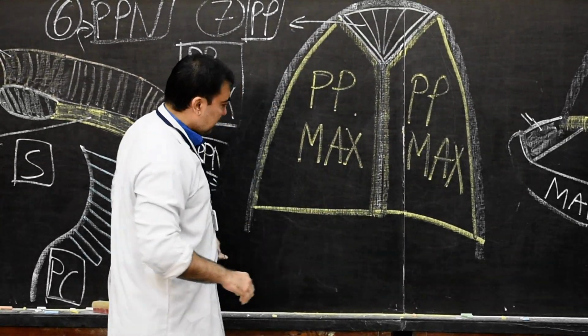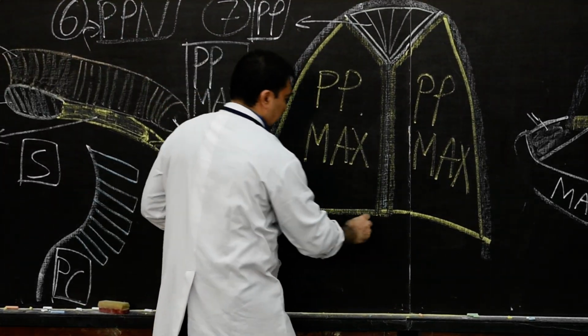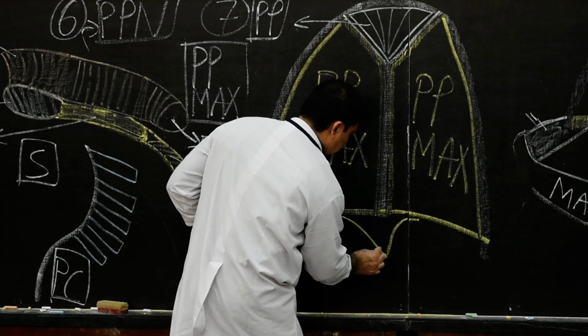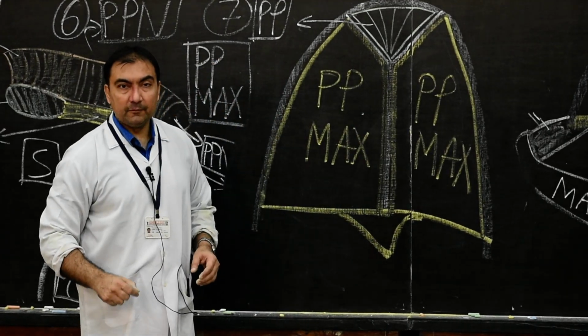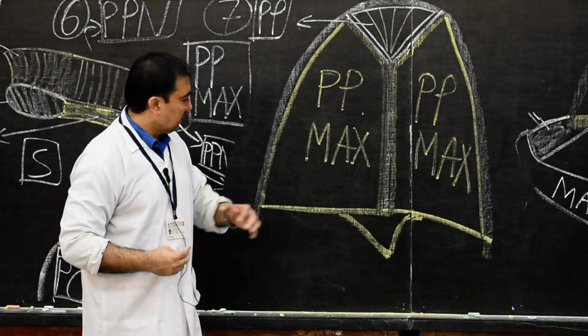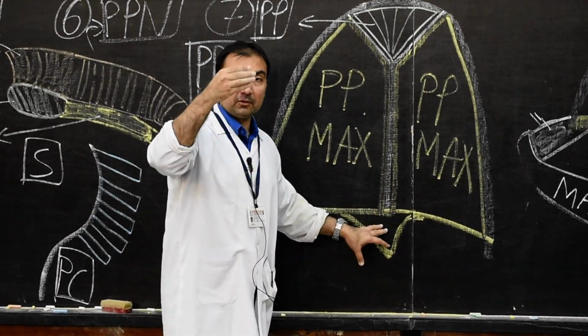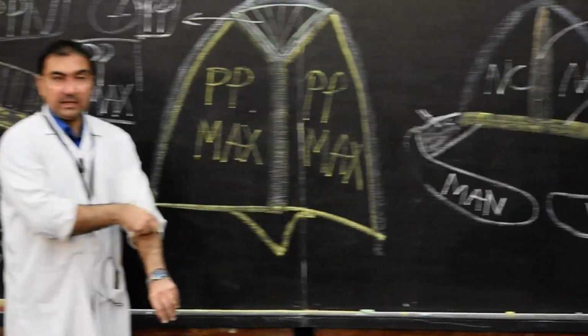Now posteriorly there will be an overhanging posterior one-fourth, and that will develop into soft palate. The posterior one-fourth of the palatine process of maxilla will fuse, but they will not fuse with the caudal end of the nasal septum, so it will be projected as soft palate.